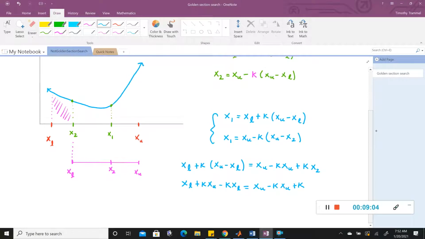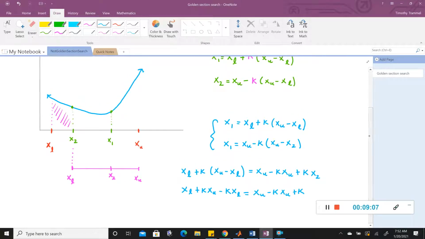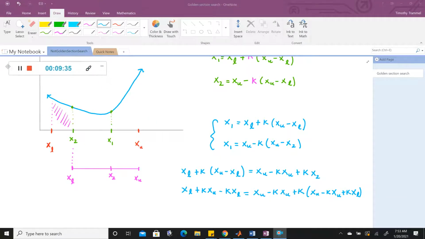And x2 was equal to x upper minus k times, and actually, why don't we distribute that too while we're at it? So minus k x upper, and then plus k x lower. All right, so it's looking a little messy, but we'll distribute one last time here, and we'll start to bring this together.